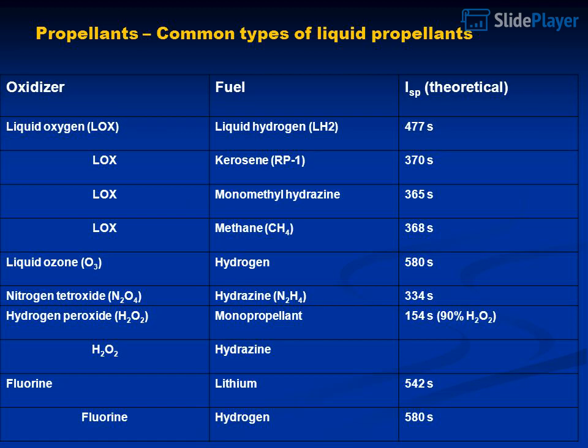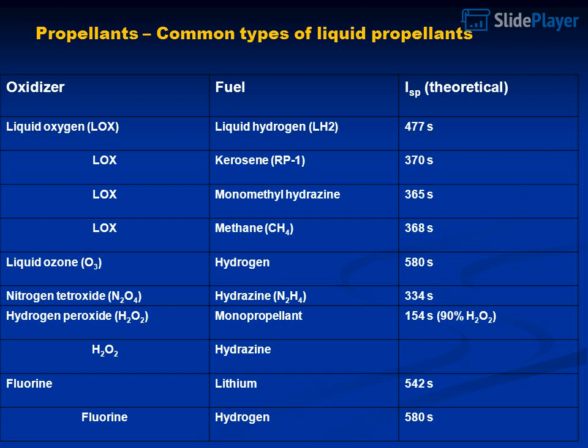Propellants, common types of liquid propellants. Oxidizer, fuel, ISP theoretical. Liquid oxygen, LOX, with liquid hydrogen, LH2: 477 s. LOX with kerosene, RP-1: 370 s. Monomethylhydrazine: 365 s. Methane, CH4: 368 s.